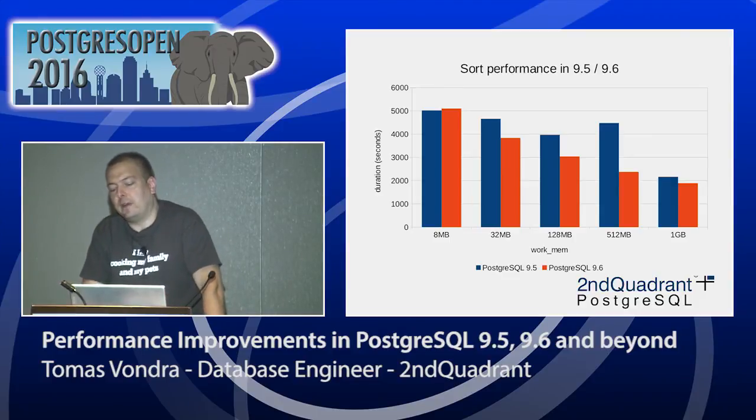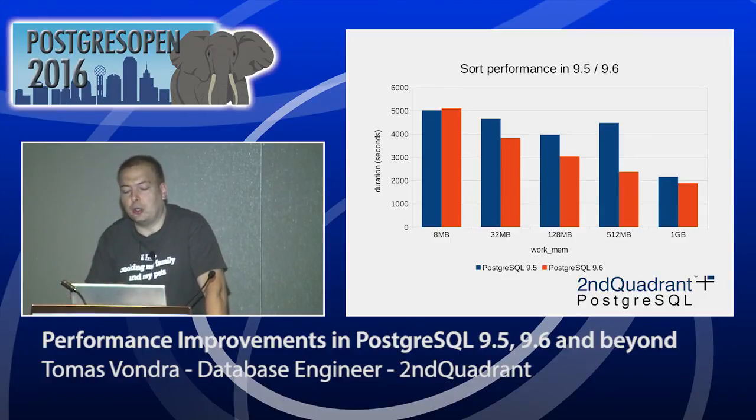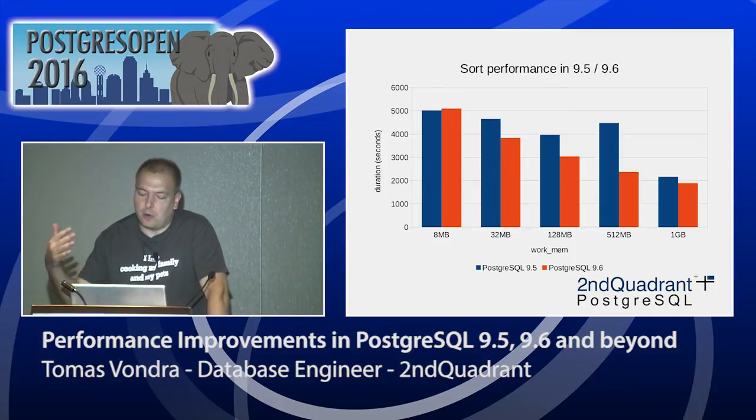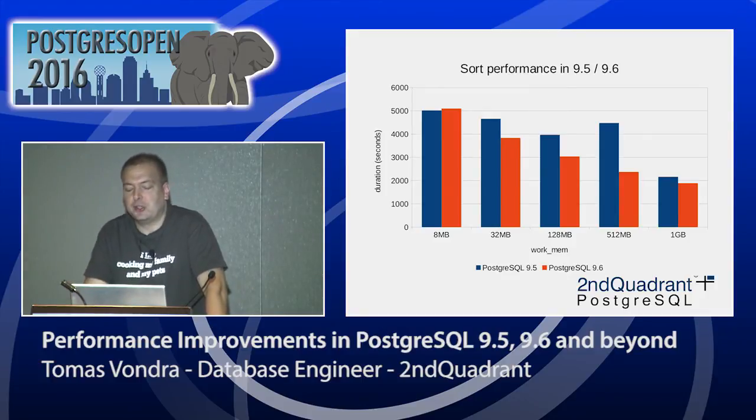This is the impact of improvements in sort between 9.5 and 9.6. You can see that for small work memory settings, it's pretty much the same. For larger or medium work_mem settings, we actually improved that by another 10% or something like that, simply by using a different algorithm, which is more friendly with respect to the caches on the CPU.